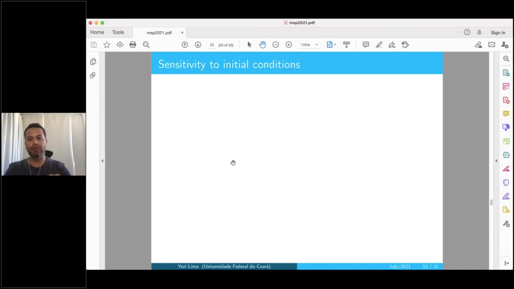And this is the notion of sensitivity to initial conditions. Sensitivity to initial conditions means that you have a system that is in some sense chaotic. Chaotic in the sense that if you change a little bit the initial position that you start with in the system and you let time go by, of course, since the initial positions are very close, they will remain close for some time.